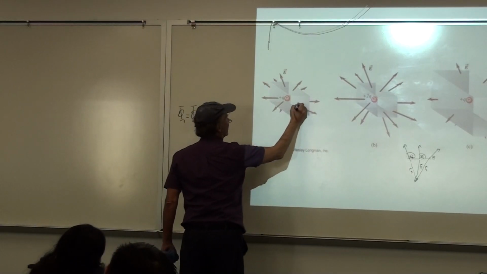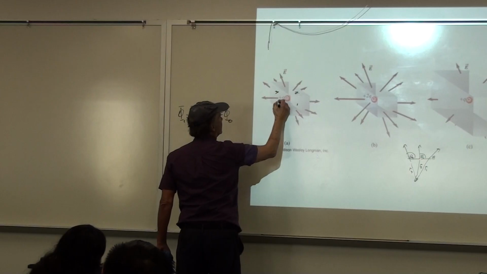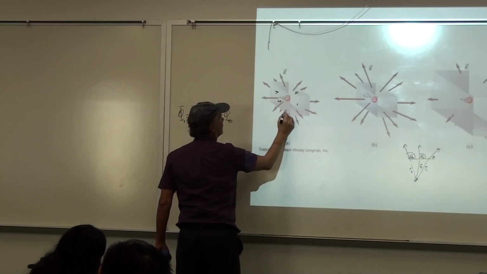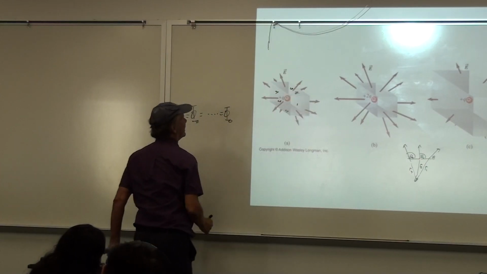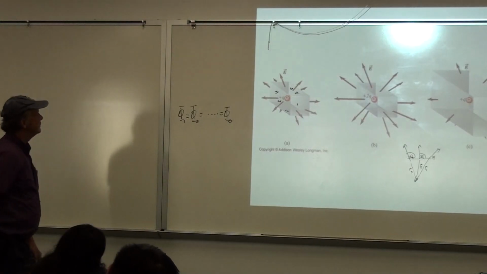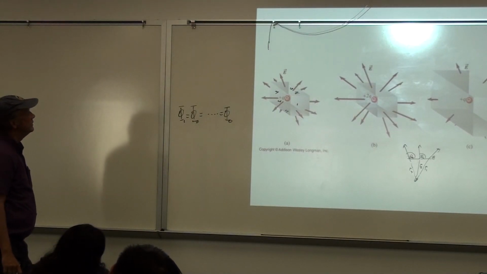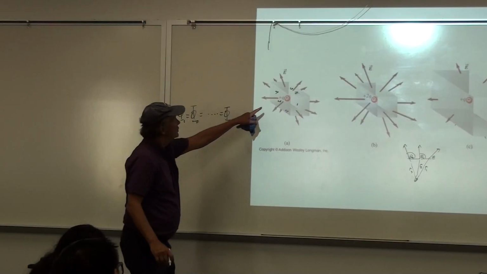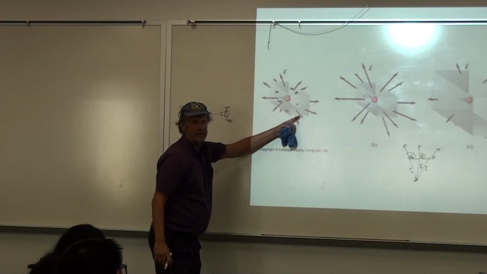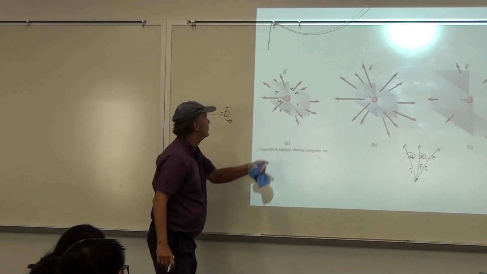This is, say, side 1, 2, 3, 4, 5, 6. We've got 6 different faces, and from the symmetry of this problem, if we put the charge right in the center, we have the exact same integral 6 different times.